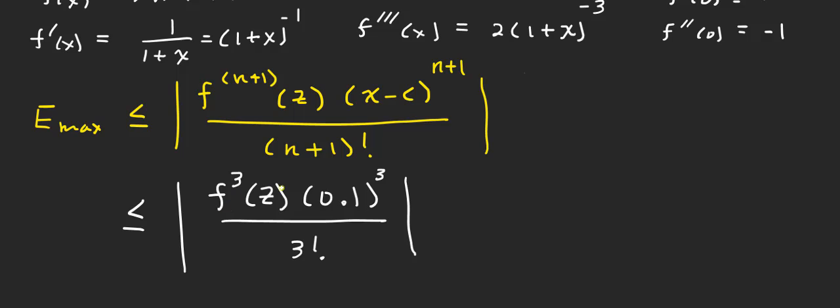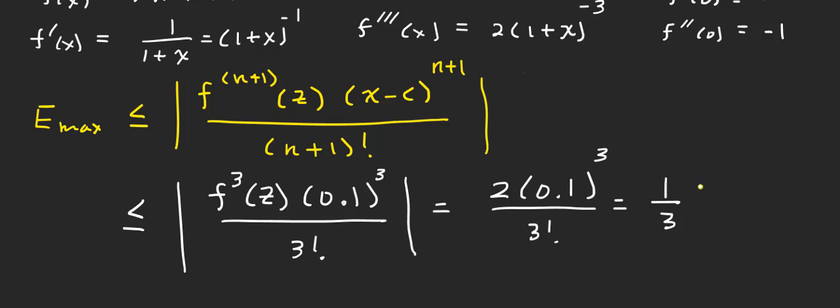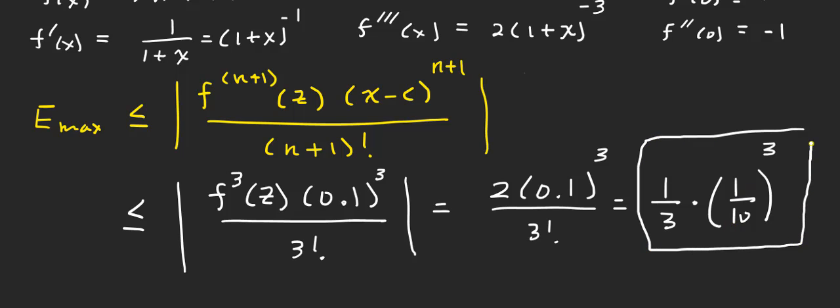So now we get this setup over here. f to the third derivative of z will have a maximum value at the left-hand point, and the maximum value of that will be 2. So you get 2 times the quantity 0.1 to the third over 3 factorial, which is 1 over 3 times 1 over 10 to the third power. So this is the maximum error of the approximation compared to the actual value.